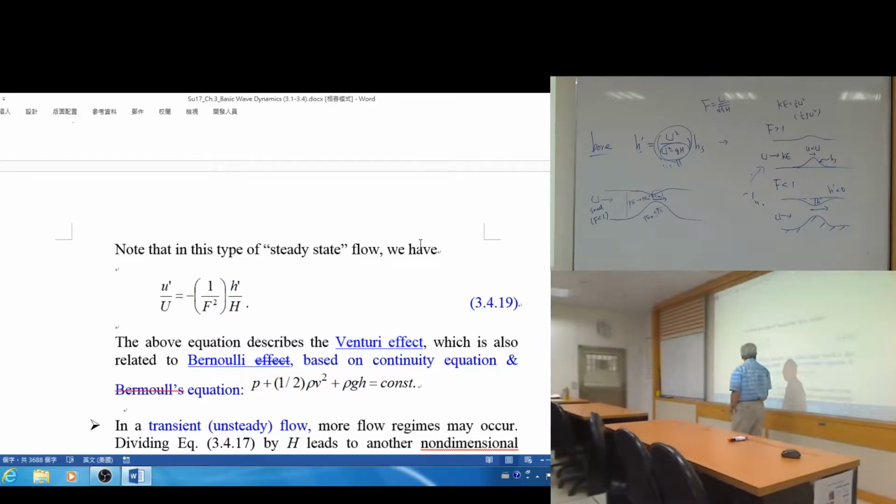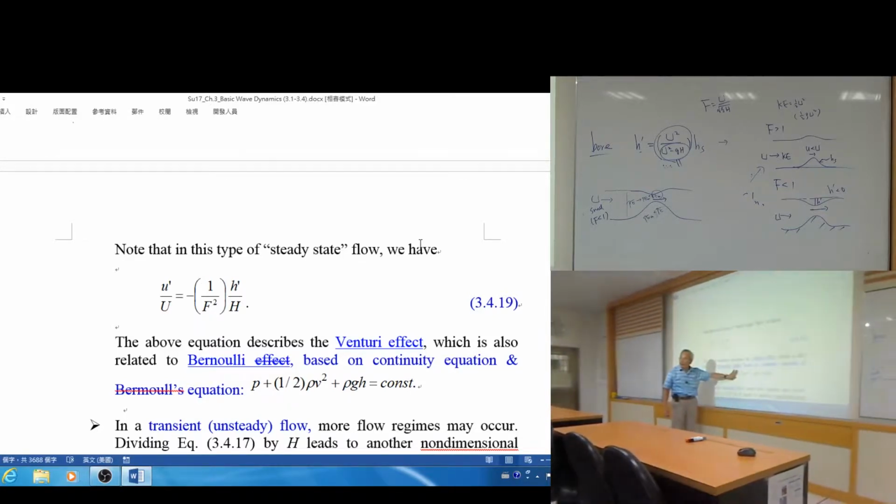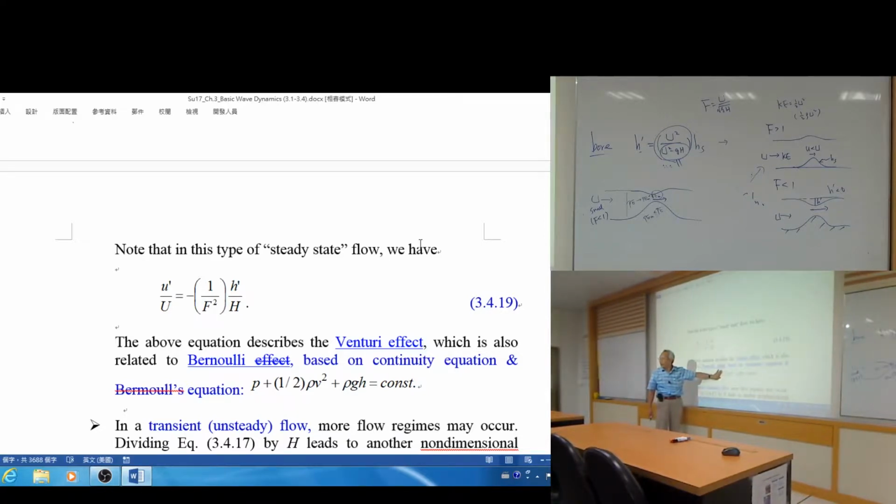If you keep the same pressure, then the potential energy and kinetic energy are inversely related, and that's what we're dealing with. That's called the Venturi effect. They are related because they are governed by this equation.